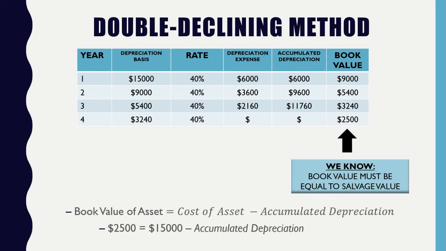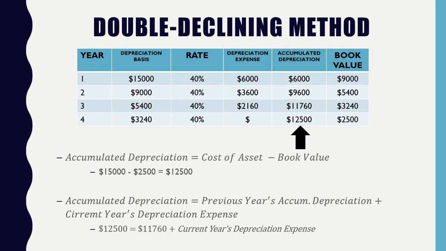I just do simple math. What number will fit in between here to make this equation true? How do I go from $15,000 all the way to 2,500? Simple. Do the math, right? You could take the 15,000 minus the 2,500 and you'll get 12,500. Okay? At least that's what we know.